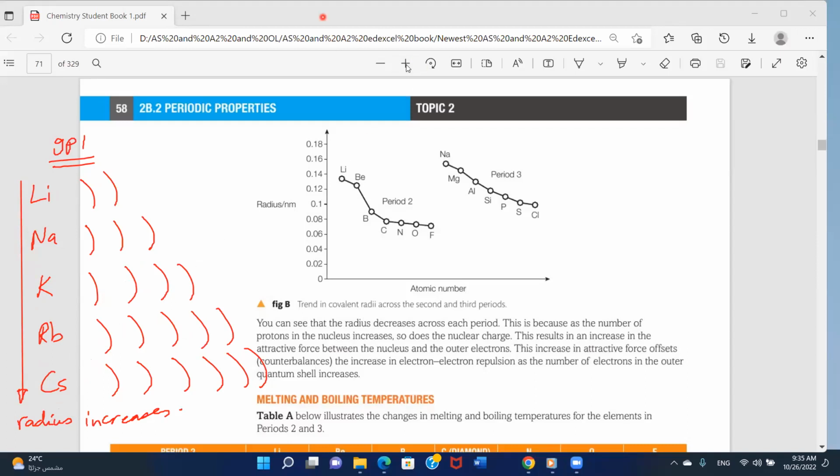Okay, what happens across a period? If we look at across a period, for example, we said that we have lithium, beryllium, boron, carbon, nitrogen, oxygen, fluorine, and neon. Now, we said as we go across a period, the positive nucleus increases, the positive charge increases.